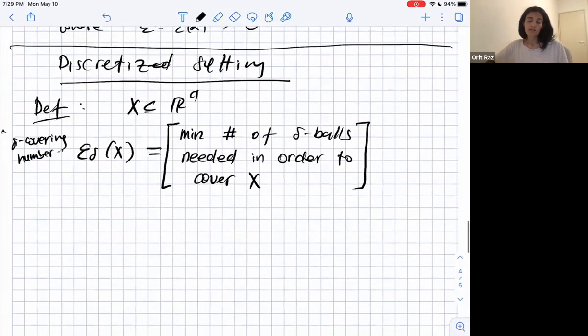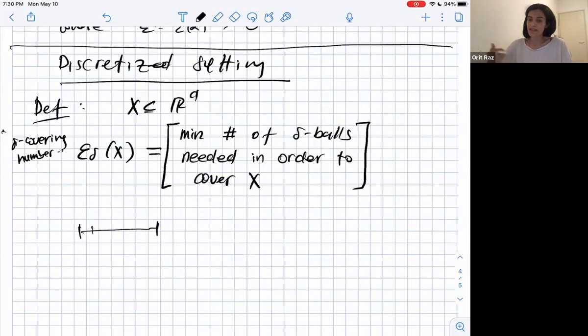So now I can think about the previous statements that we had and try to formulate them in terms of the delta covering number, right? So let's think, for example, about the sum product problem. Usually our sets will be in the 0, 1 interval, something compact. And now we have a set here.